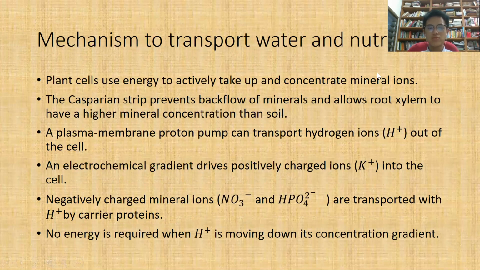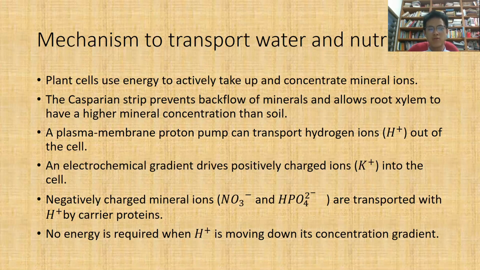The mechanism to transport water and nutrients is as follows. First, plant cells use energy to actively take up and concentrate mineral ions. This helps build up the osmotic pressure gradient between the root hair cell and the soil.